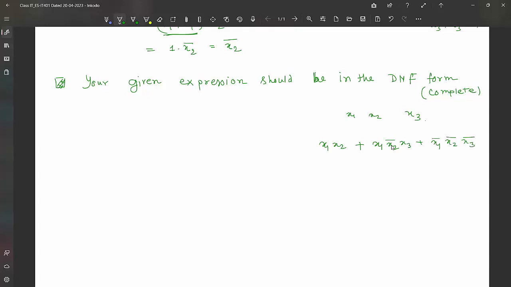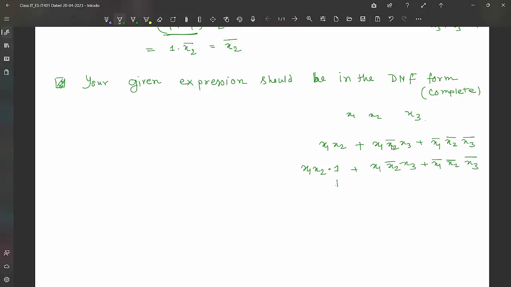So first of all you have to make it complete. It is a DNF form but not a complete DNF form. To make it a complete DNF form, first you have to take x1 dot 1 here, and plus x1 x2 bar x3, and x1 bar x2 bar x3 bar.